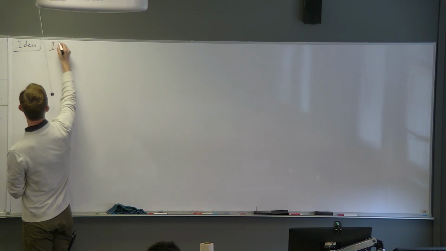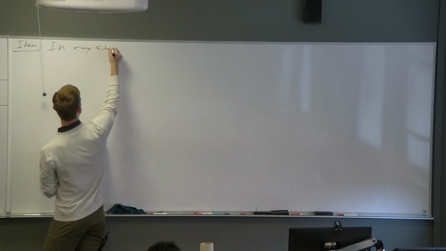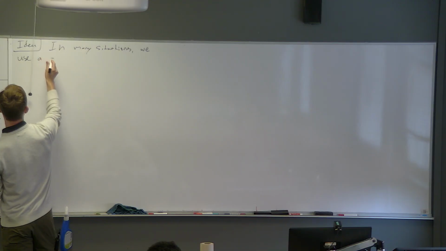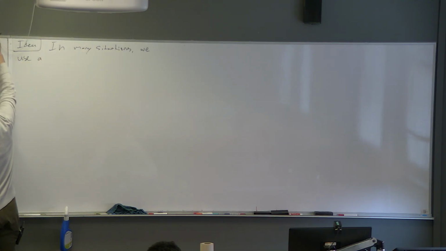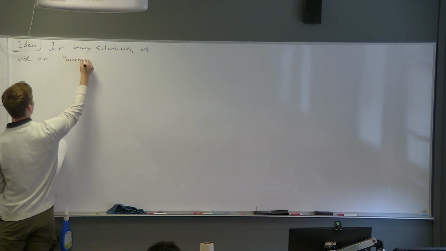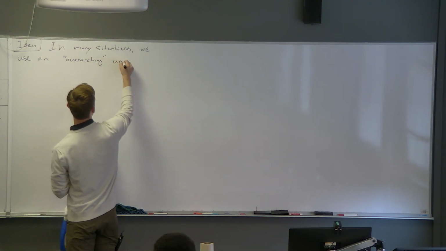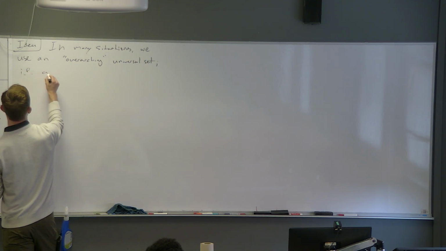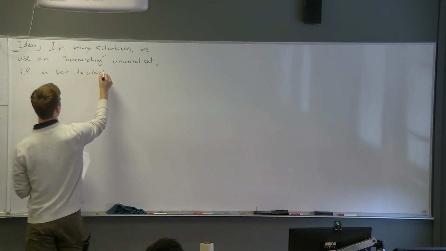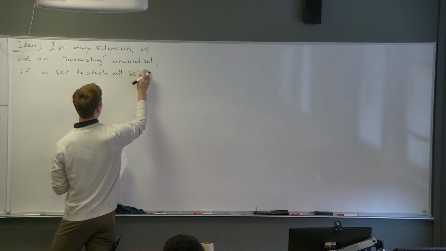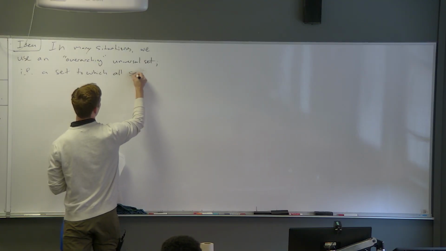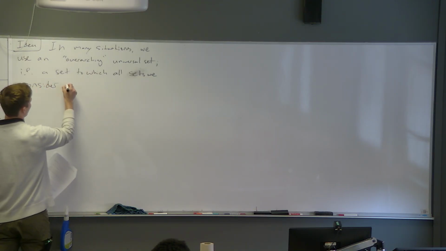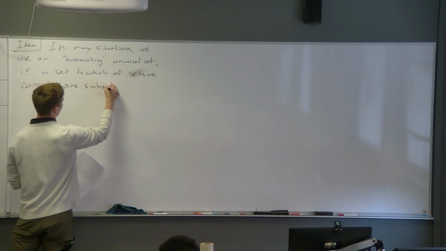So in many situations, we use, I guess I should say, an overarching universal set, i.e. a set to which all elements, or all sets we consider, are subsets of.